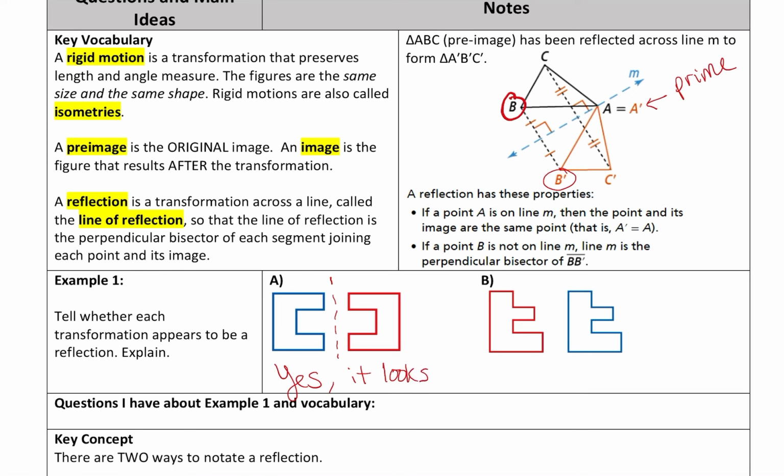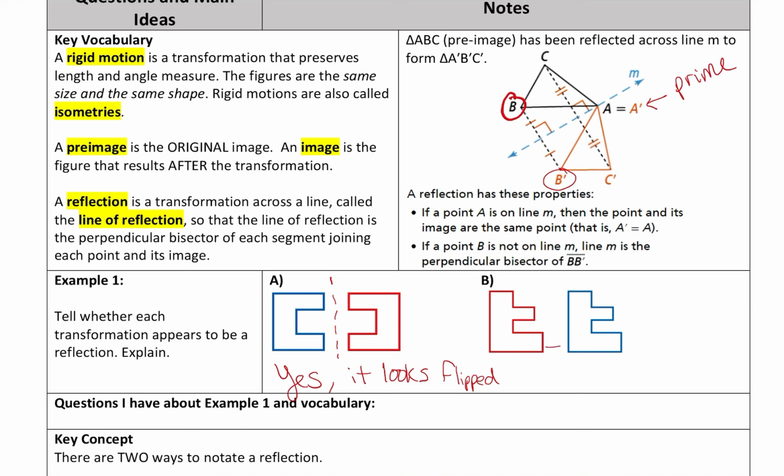But just know that it's not just, does this look like a reflection? We want to use proper vocabulary. I'm kind of just describing the reflection, so flipped is fine.